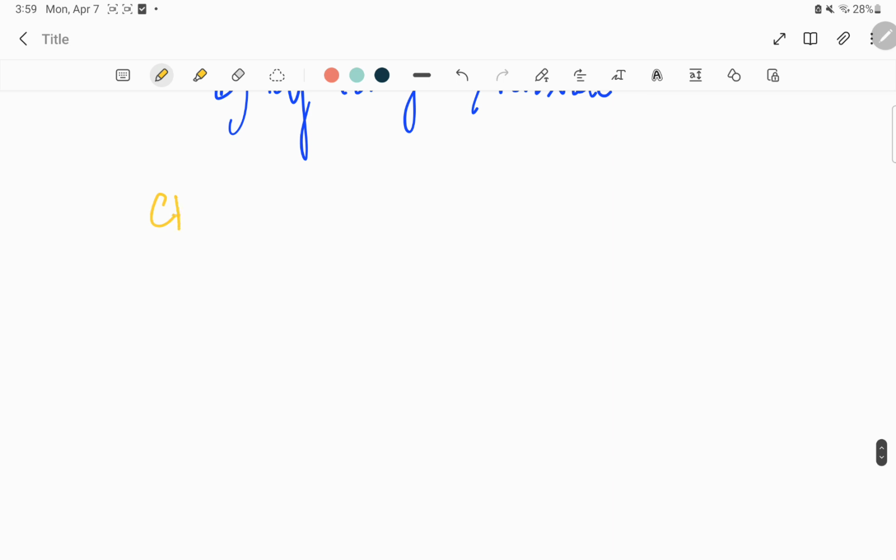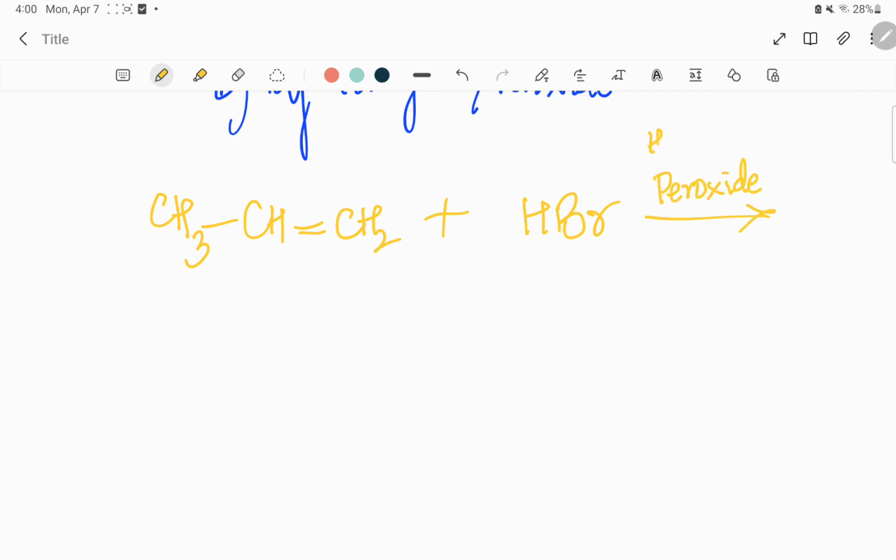So I am going to explain it with an example. So let me take the same alkene propene itself, and I am going to write HBr in presence of a peroxide. It can be any peroxide, maybe H2O2 or acetyl peroxide or benzoyl peroxide, (C6H5CO)2O2. So whatever peroxide is used, you can follow anti-Markovnikov's rule to determine the products.